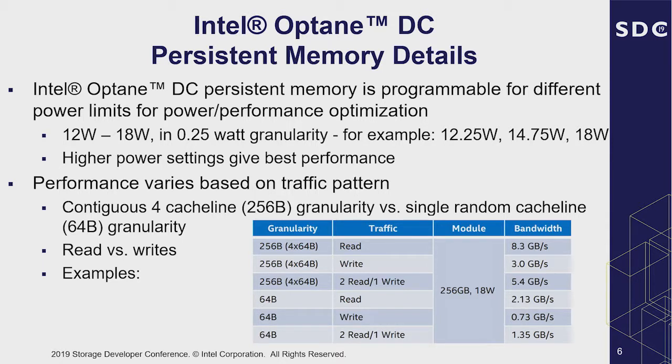Could you give me some numbers for other modules like 128 gigabyte or 512 gigabyte? It's very close if I recall. I think the 128s were slightly lower bandwidth and the 512s slightly higher. So it's not a significant difference in bandwidth between densities. As long as you occupy 4 cache lines at the same time, you should get a similar number regardless of the model.